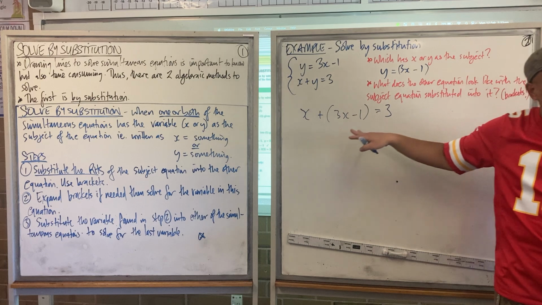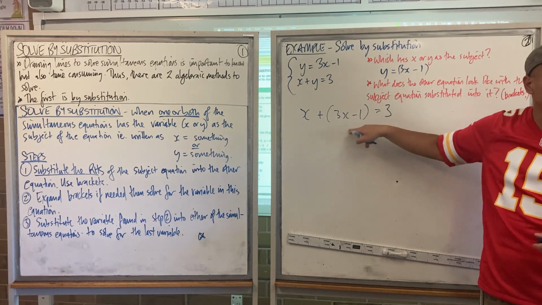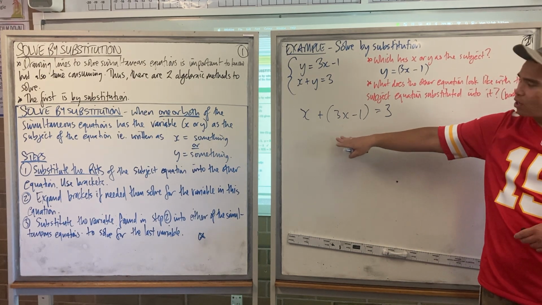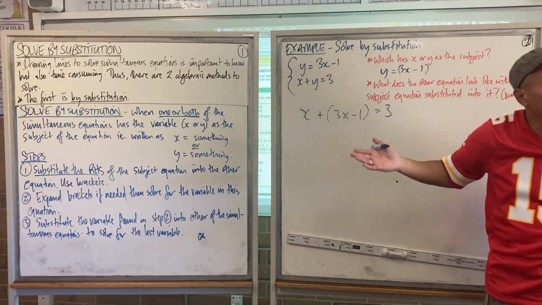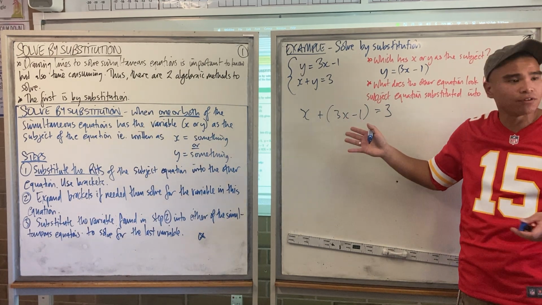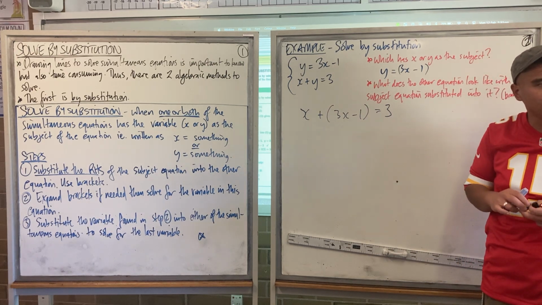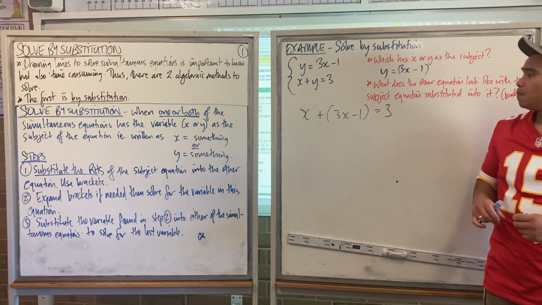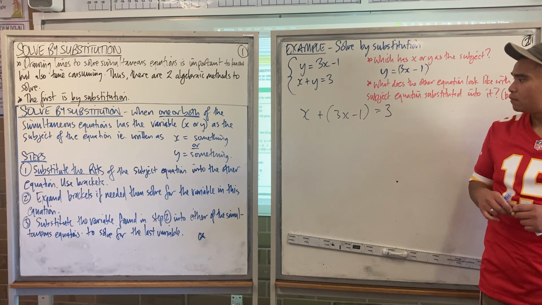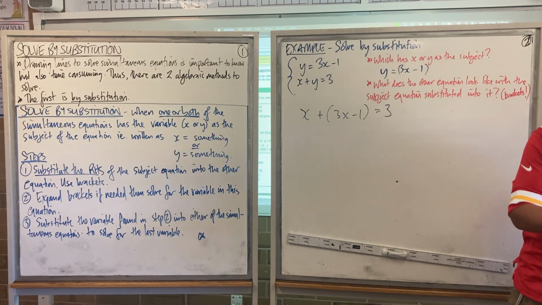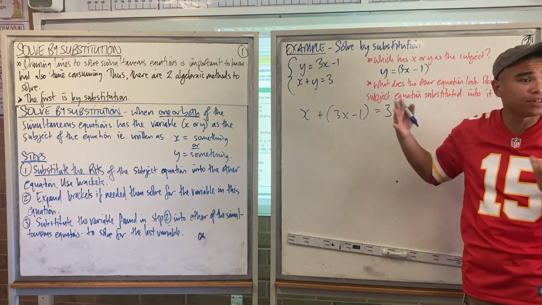Now let's deal with the brackets. Can I do anything in here? Is there any solving that I can do? I know 3x, I don't know what 3x is, so I can't really take 1 from it. Do you think there's anything we could do with it? If you open the brackets, it will be 3x minus 1, so then you could add 3x plus the x. You're skipping ahead. What I'm asking is, can I do anything with the bracket?